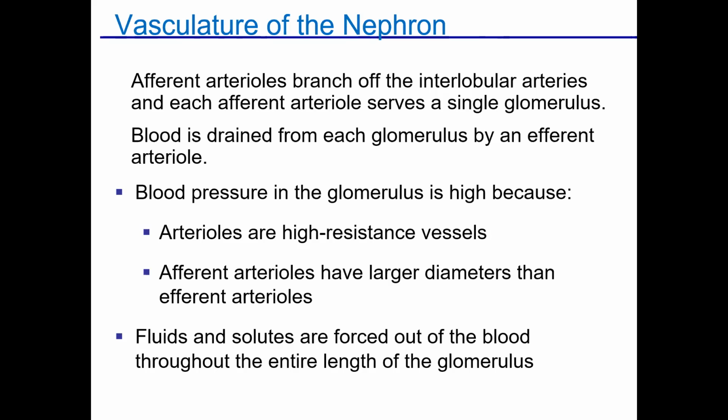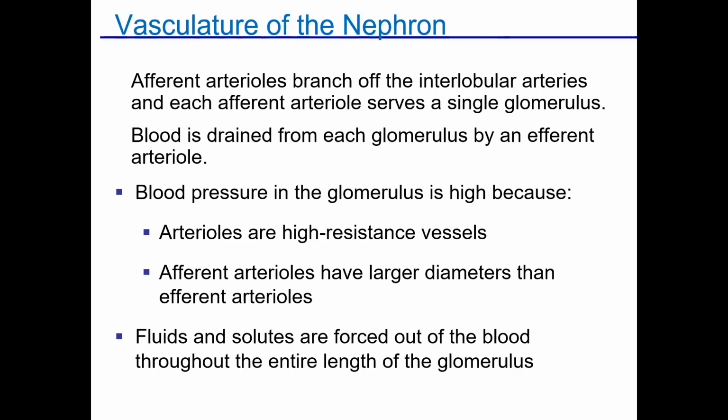But you maintain a high enough pressure in the glomerulus by having blood come in under relatively high pressure. We can adjust the pressure of the blood in the glomerulus by opening or closing the afferent arteriole.